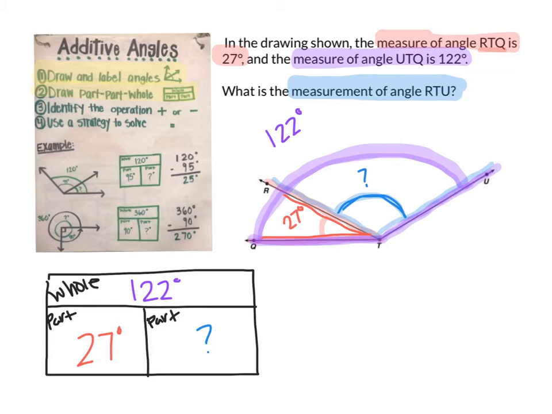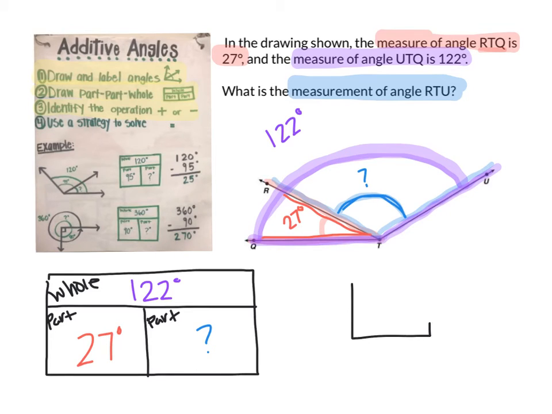So moving back to our anchor chart, our next step, step 3, is to identify the operation. We have to figure out if we're going to add or subtract to solve. So anytime you have a part whole chart, you decide your operation based on the information you're given.